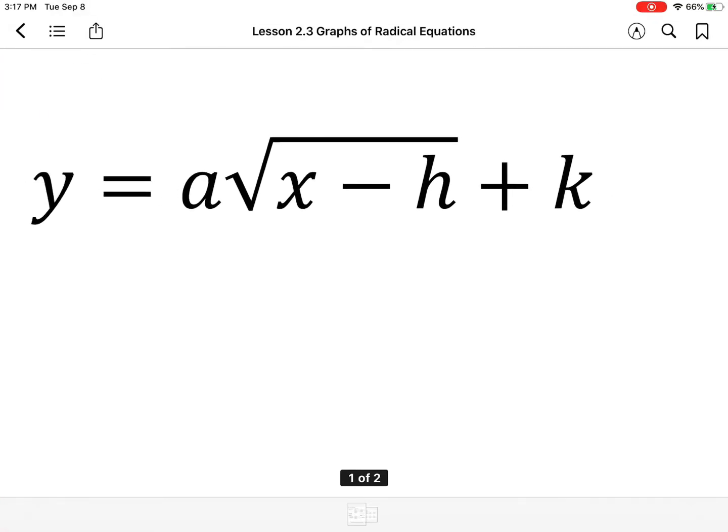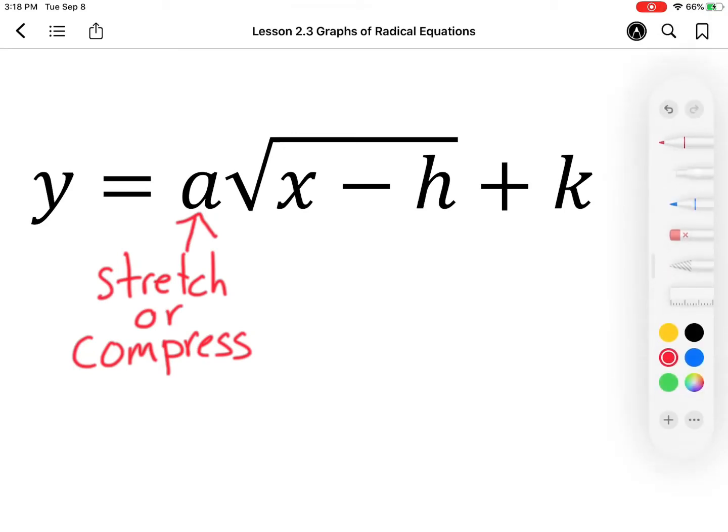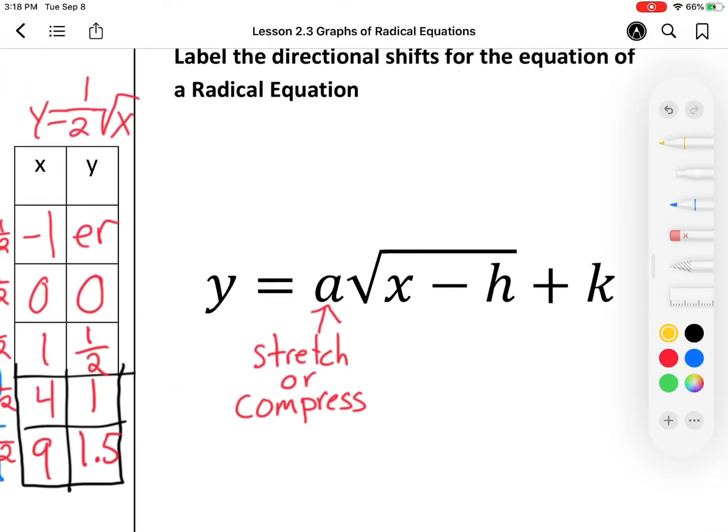So remember, our A is going to determine if it stretches or compresses. If it's negative, it's going to reflect.